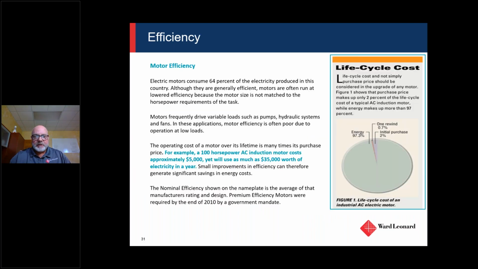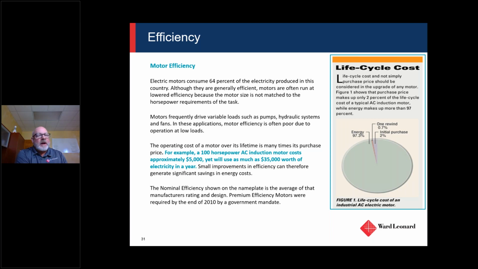Okay. And then just on motor efficiency, there are a bunch of different designs on efficiencies. We've seen a lot of movement in this from the new motor perspective, where a standard efficiency motor 20 years ago could have been 80%, 85% efficient.